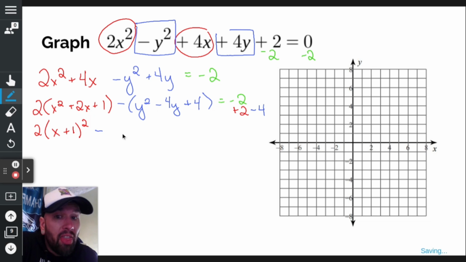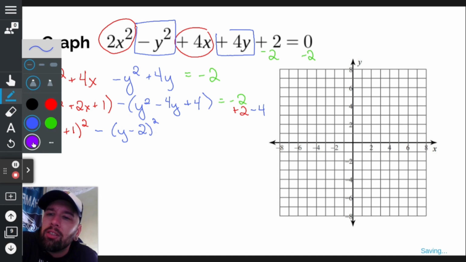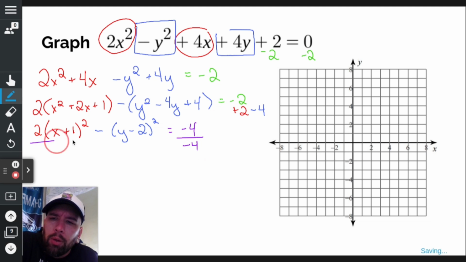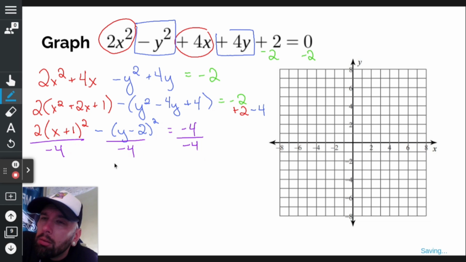Ooh, look, that factors out. Y minus 2 squared. And then this guy becomes negative 4. Now, last time I checked, that's supposed to be regular 1. So why don't I divide everything by negative 4?